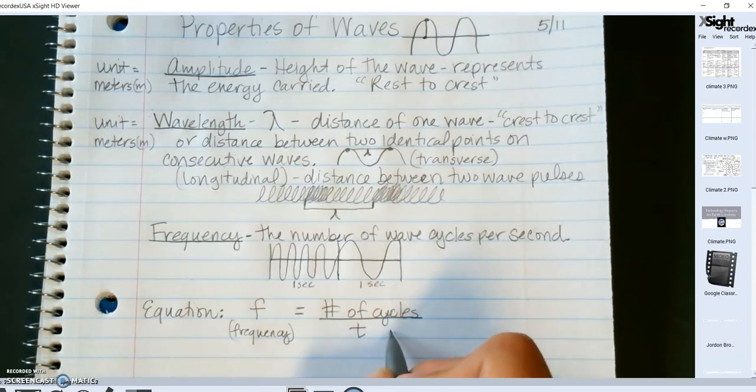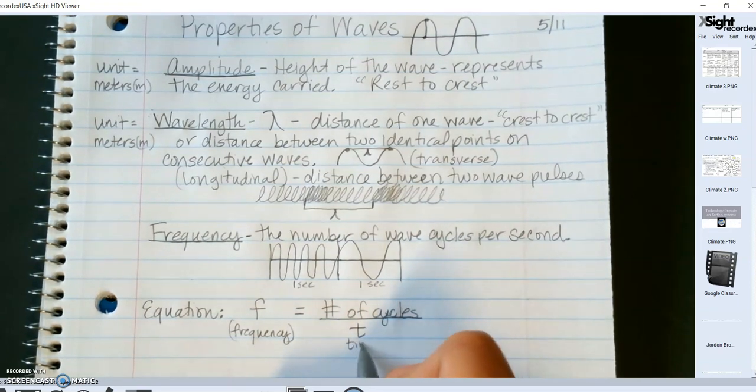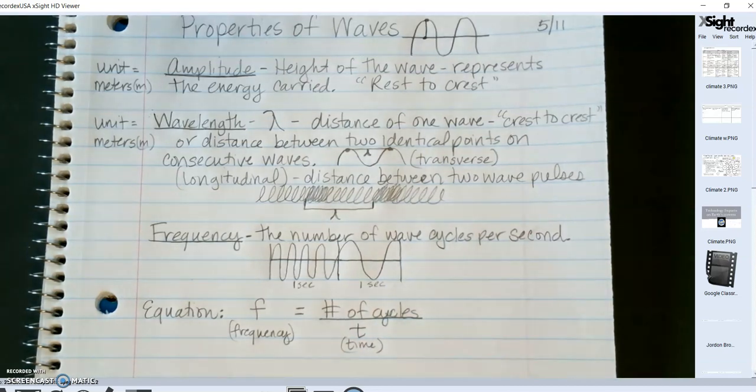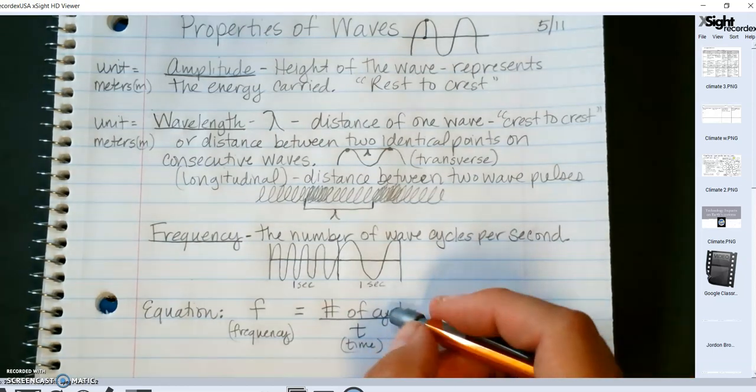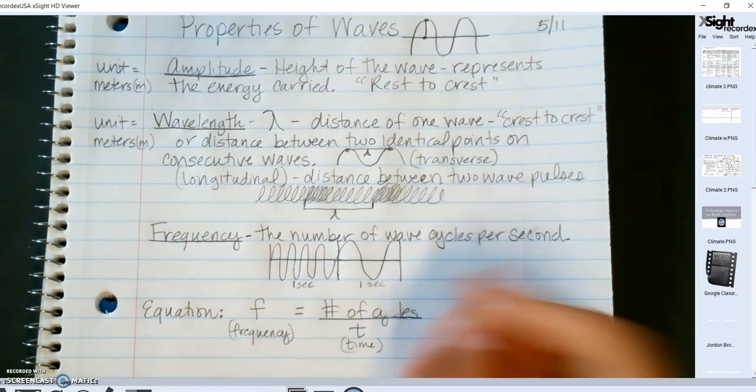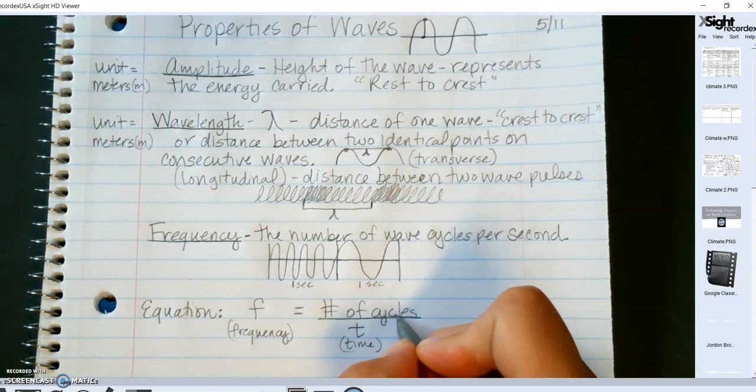So T is time. Frequency is the number of cycles. There's not really a unit for the number of cycles, wave cycles. That's just a number represented. So we don't really have a unit for that.